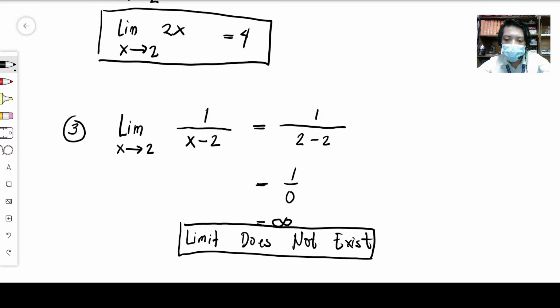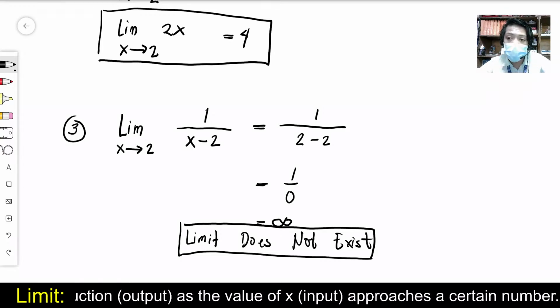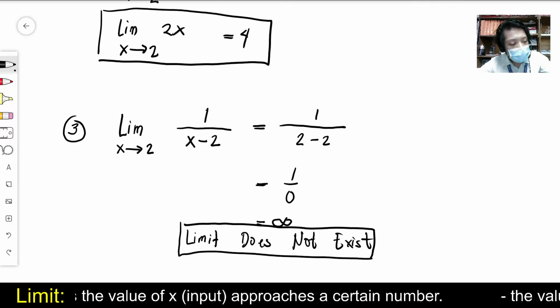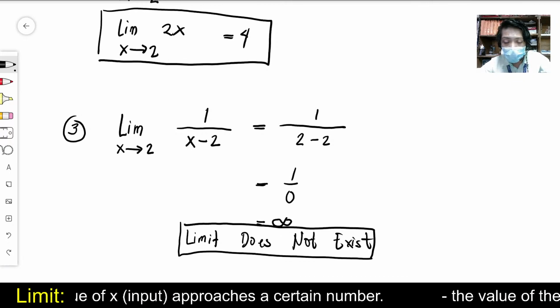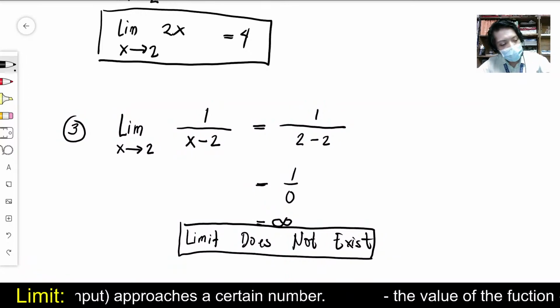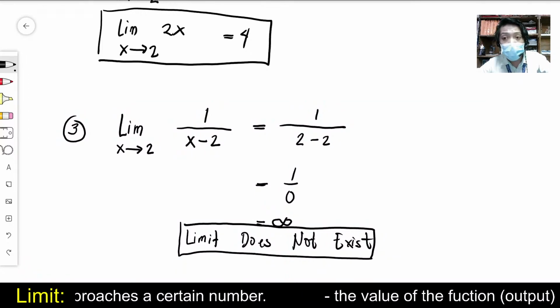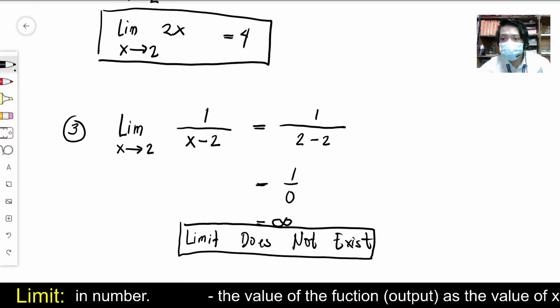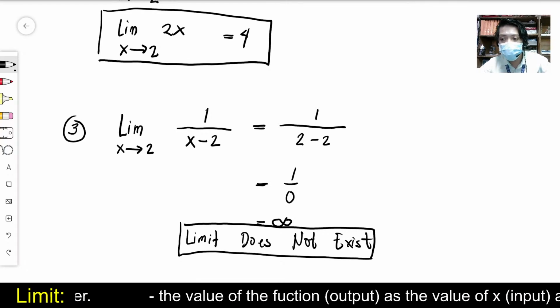A limit is the value of the function, meaning the output, as the value of x, the input, is getting closer and closer to a certain number.